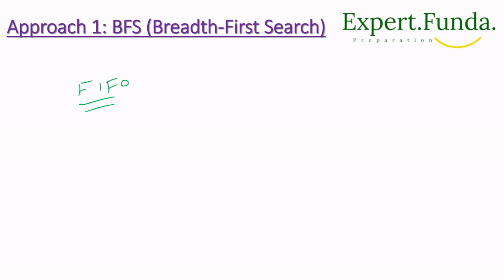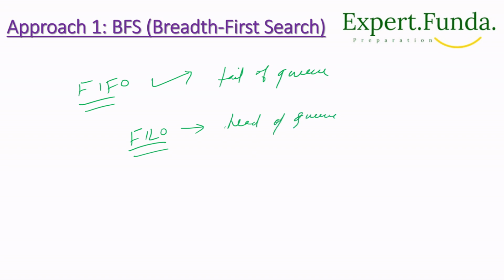While if we want the ordering of FILO, first in, last out, then we will insert the new elements to the head of the queue, for all those latecomers that will jump into the queue.